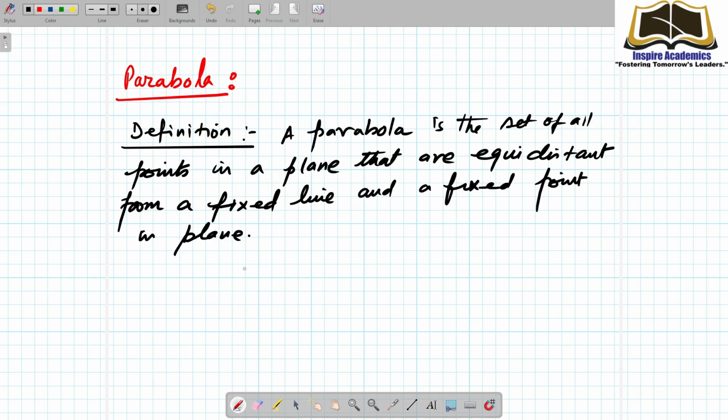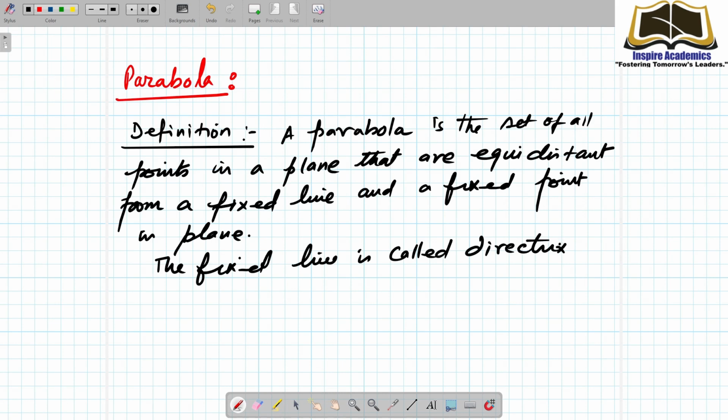This fixed line is called directrix. Directrix of parabola.